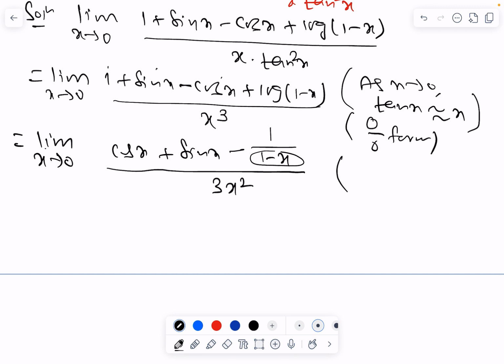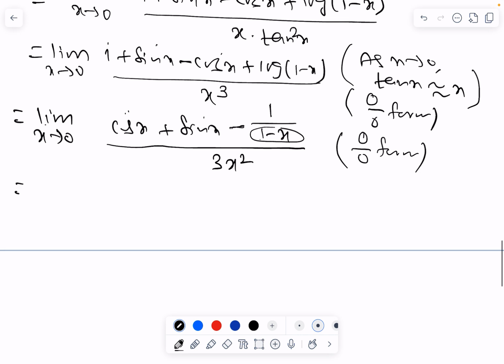Next, when x tends to 0, cosine 0 is 1, sine 0 is 0. This is also 1. 1 minus 0 is 1. So this is 1 and minus 1, 0. So we have again 0 by 0.